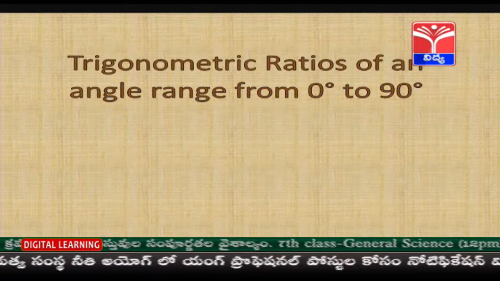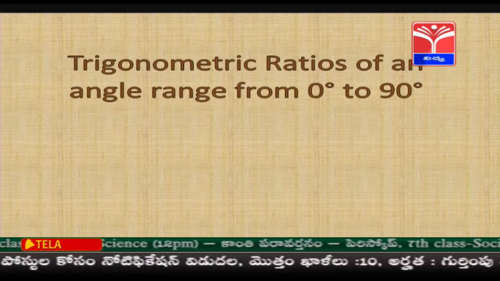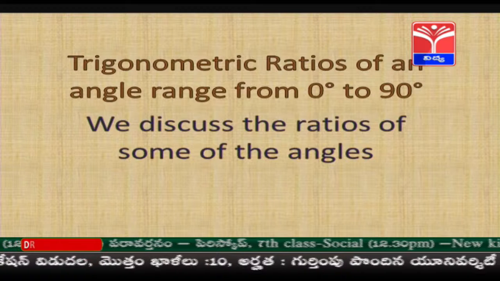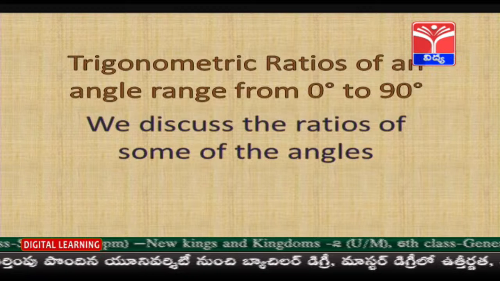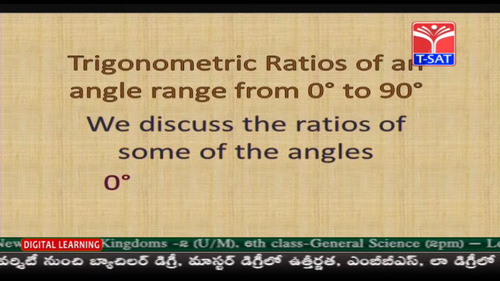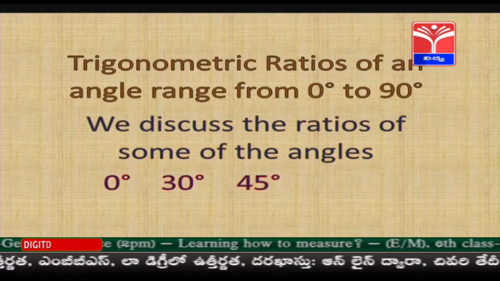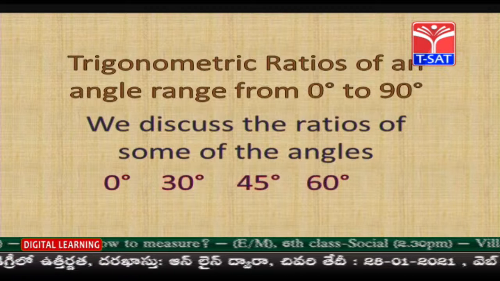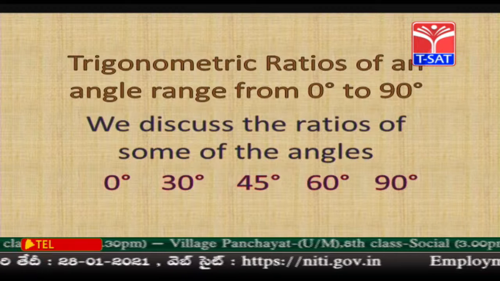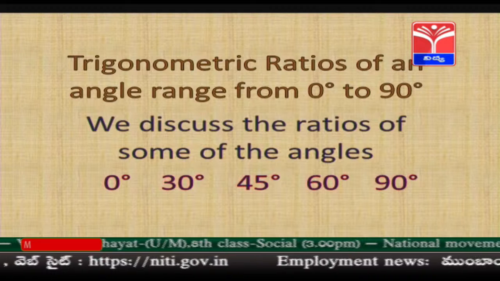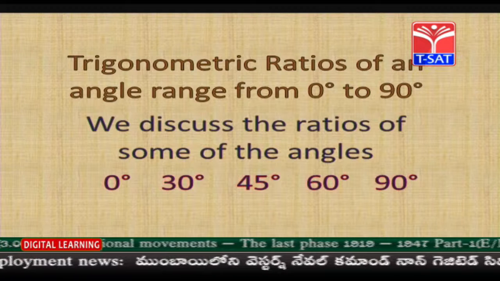Now, trigonometric ratios of angles range from 0 degrees to 90 degrees, right. Now, we discuss the ratios of some of the angles, we call them special angles, like 0 degrees, 30 degrees, 45 degrees, 60 degrees and 90 degrees. So, now we are going to find what will be the sine value for 0, 30, 45, 60 and 90 degrees.